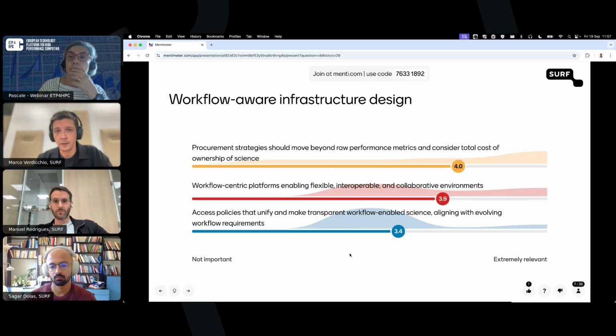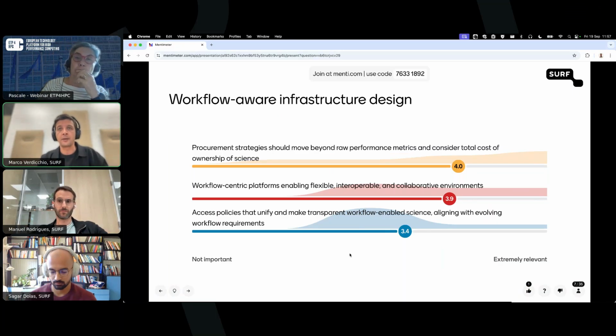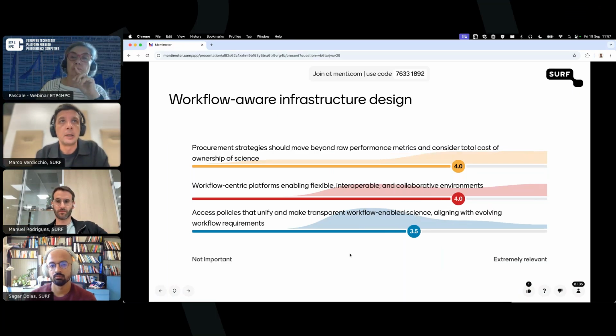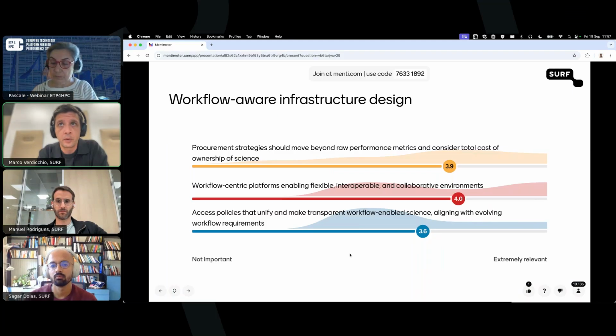So not just scale performance, but actually a workflow that can fully utilize the system, or a workflow-centric platform for interoperability, collaborative environment, more flexible environment also for integrating this component of workflows. And the last recommendation is on access policies, more unified and transparent for workflow.